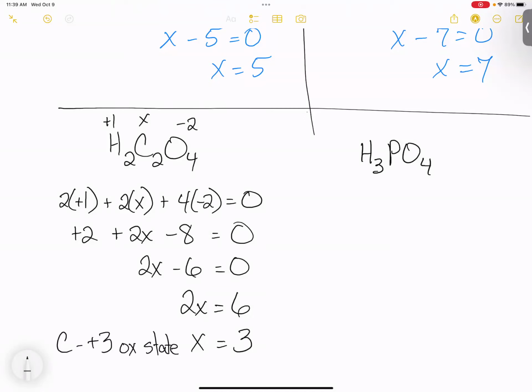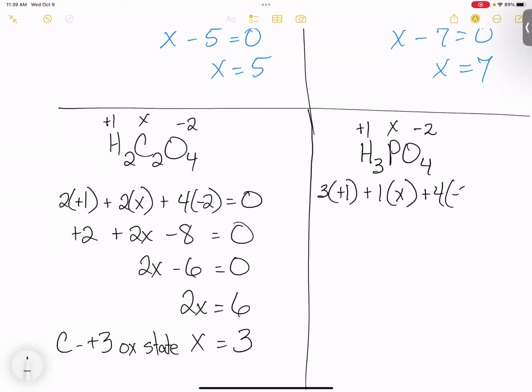Now let's look at phosphoric acid. The hydrogen's a +1, the oxygen's a -2, and we're calculating phosphorus. We have 3 times a +1 plus 1 times x plus 4 times a -2, and that is equal to 0. 3 plus x minus 8 equals 0.